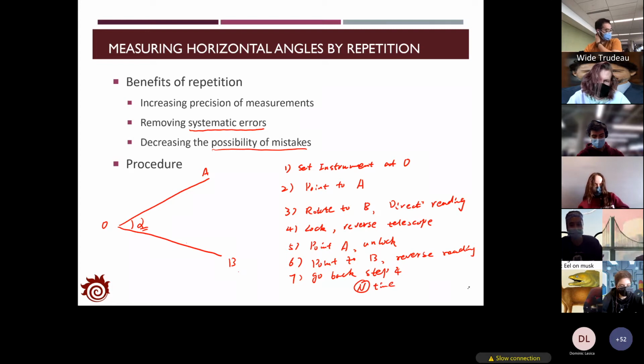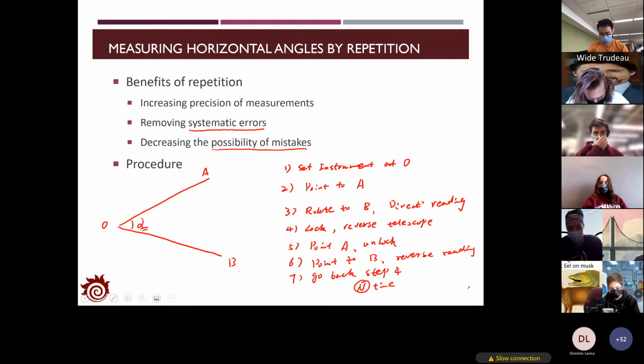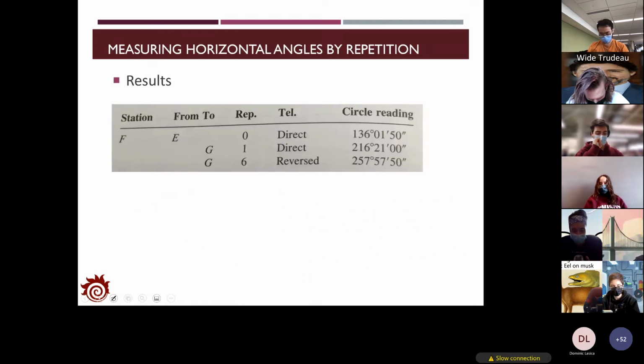And with that, you will have the direct reading and the n times reverse reading. And we're going to use this direct reading and reverse reading to calculate the angle between OA and OB, which will be the alpha. There will be more details covered in the next lecture.